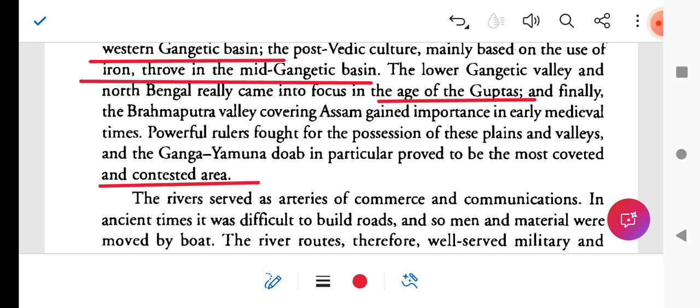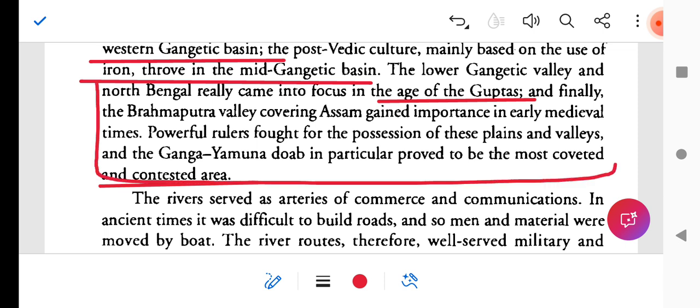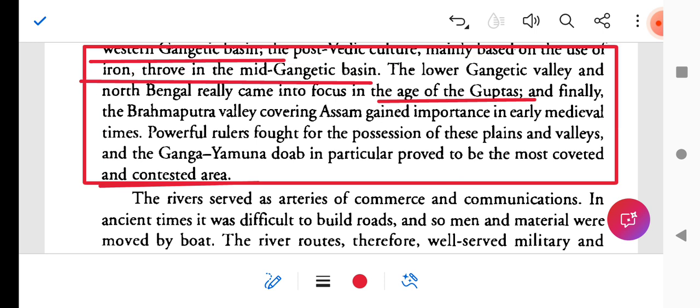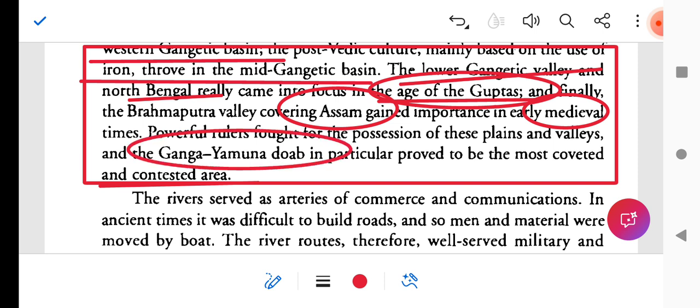So you should remember this because this phrase is very important. Lower Gangetic areas like Bengal came into the picture in the age of the Guptas, and the Brahmaputra Valley covering Assam came into the picture in the medieval period, the Sultanate period or Mughal Empire. And the Ganga Yamuna Doab is the particularly most important area.